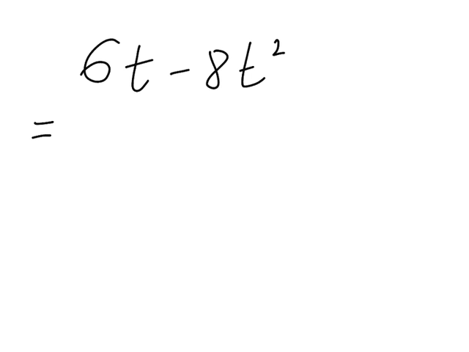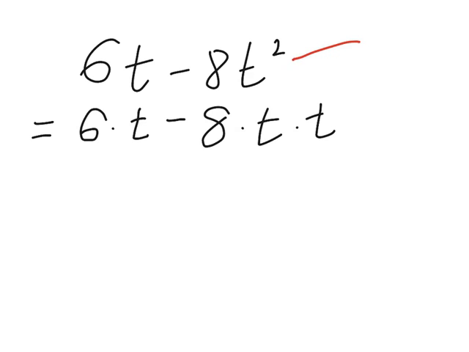Okay, first, factoring. If we have 6t minus 8t squared, we know that 6t is really 6 times t. The dot here stands for multiply. And 8t squared is really 8 times t times t. This is because t squared is really the same as t times t.